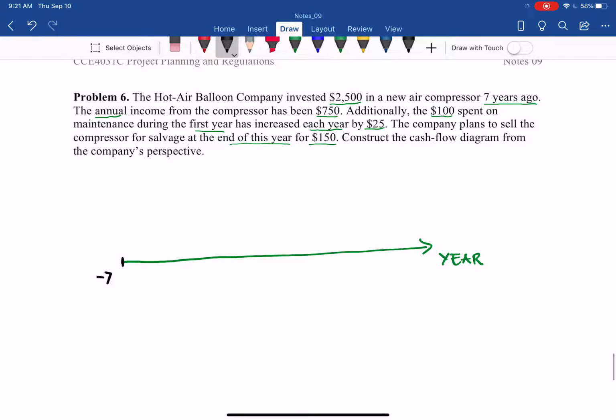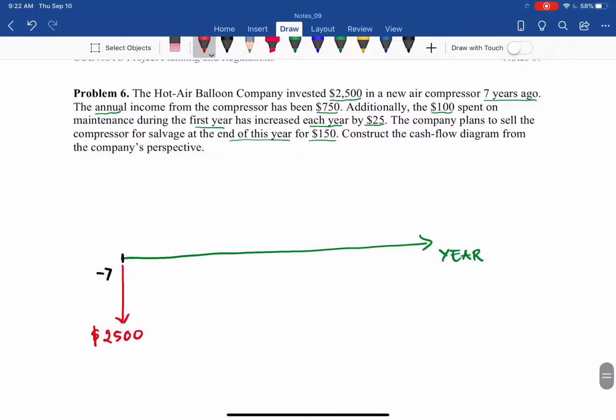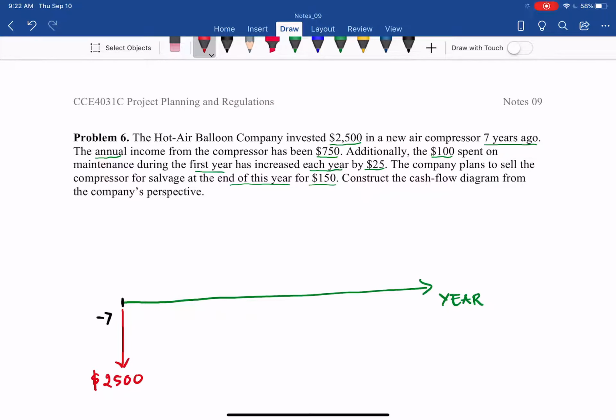So this company invests 2,500 in a new air compressor 7 years ago. So they put out money, 2,500, 7 years ago. And they generate the annual income, 750. And they plan to sell at the end of this year, which means at the beginning of year 1.